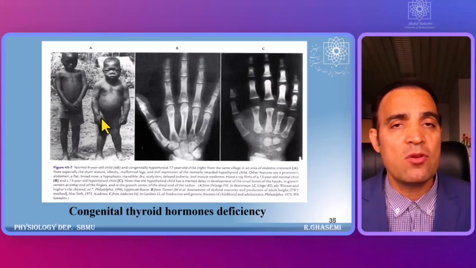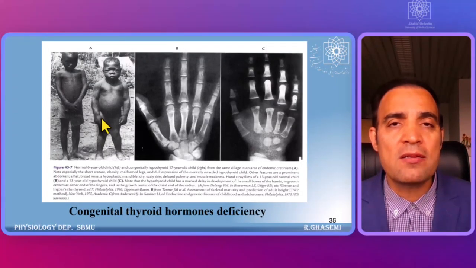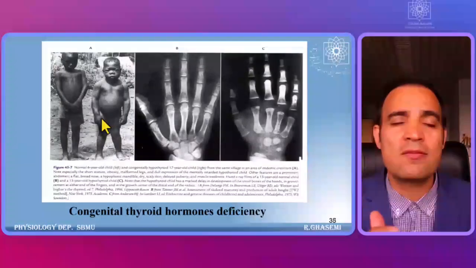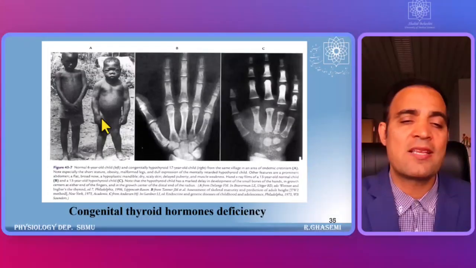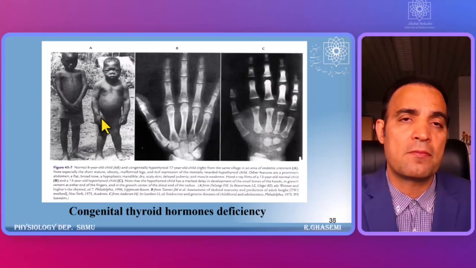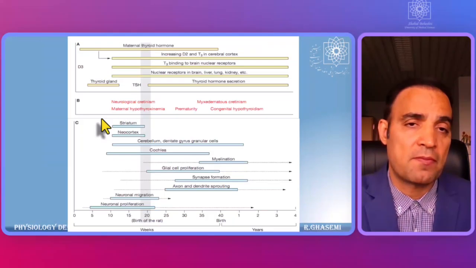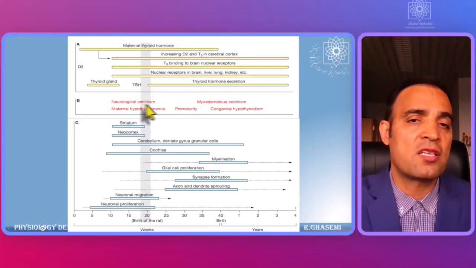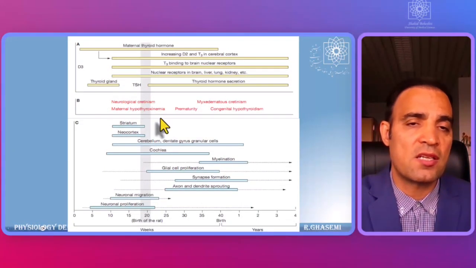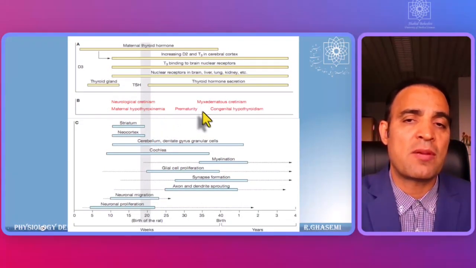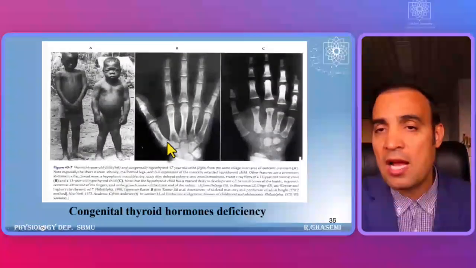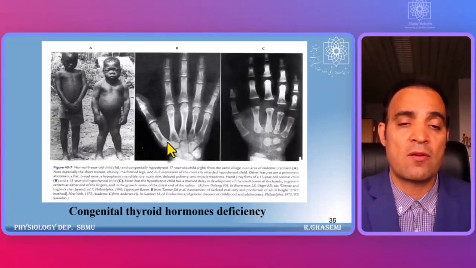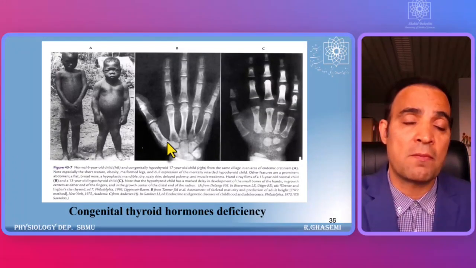And when we look at the brain capacity, they are severely mentally retarded, which is named cretinism. This is neurological cretinism that you can see here. Congenital hypothyroidism will make such problems happen, and you can see the skeletal development is severely impacted.